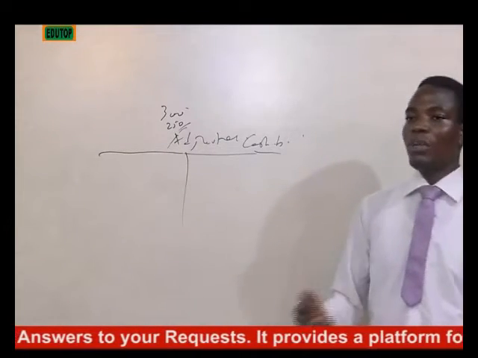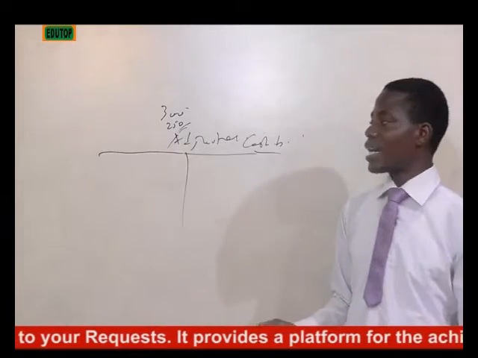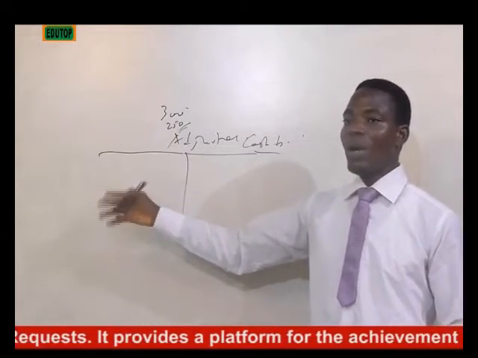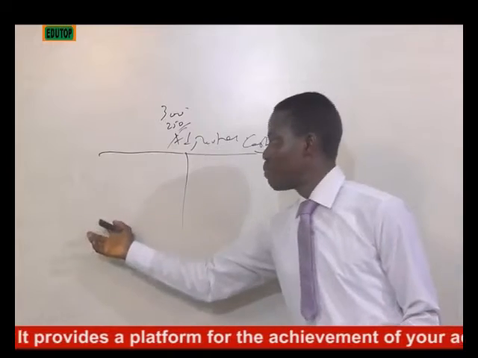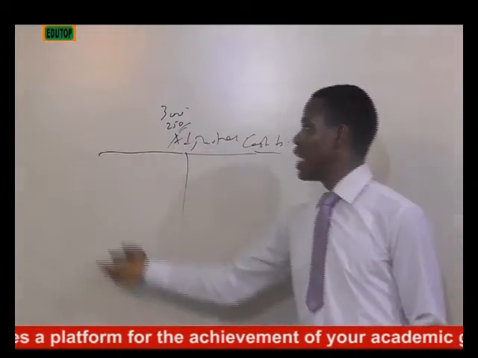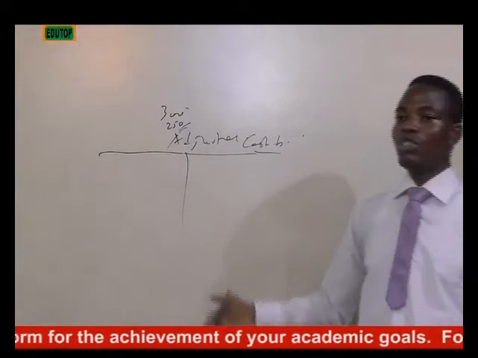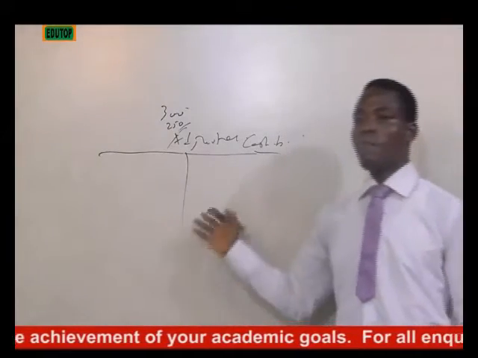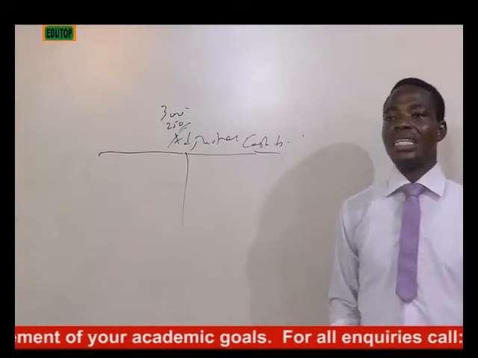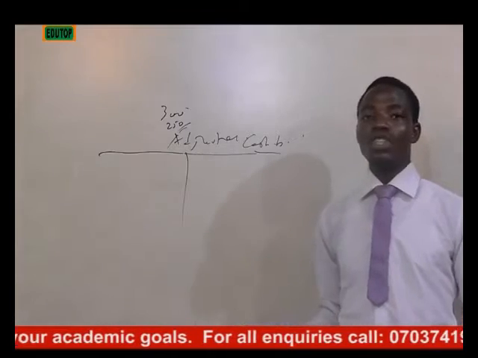So when you deposited a check in the bank, it was added to your cash book, but when it is dishonored, you deduct it from your cash book. That is the treatment for a dishonored check.